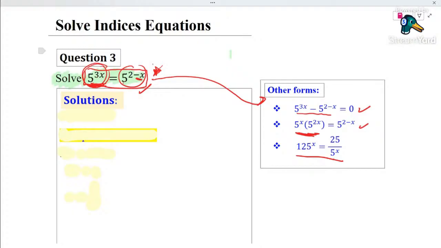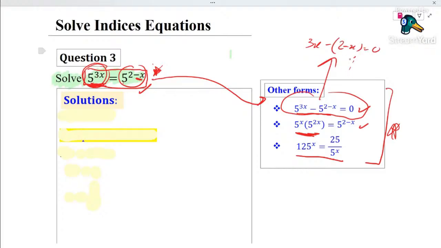Okay. And just for information, all these other forms here cannot be compared on both sides directly to solve the question, especially the first one. Because I believe for the first one, some of you will say that you can compare both sides, and then you solve in this way here, and you can get the answer. Okay, this is nonsense. Because comparing both sides means you compare the left-hand and right-hand side of the equal sign, provided they are compatible.